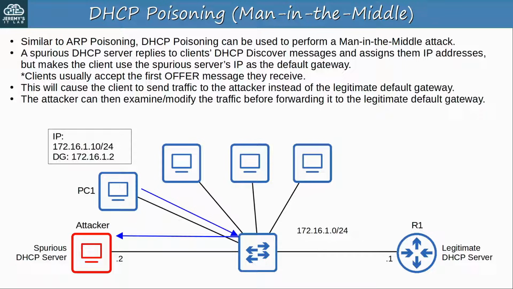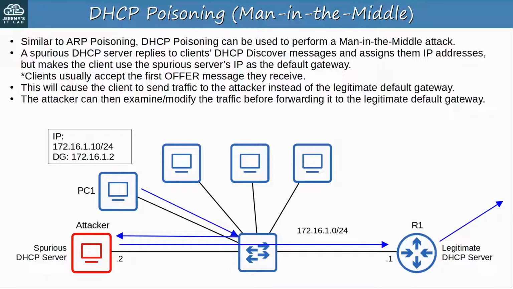The attacker can then examine the traffic or even modify it, before finally forwarding it to the legitimate default gateway, which will send it to the external destination. Because the traffic does reach its destination, PC1 probably won't even notice that its traffic is being intercepted by the attacker. So, those were two examples of DHCP-based attacks which DHCP snooping can protect against: DHCP starvation and DHCP poisoning.